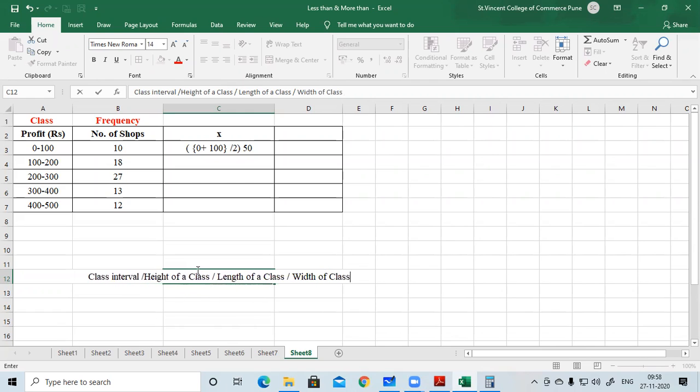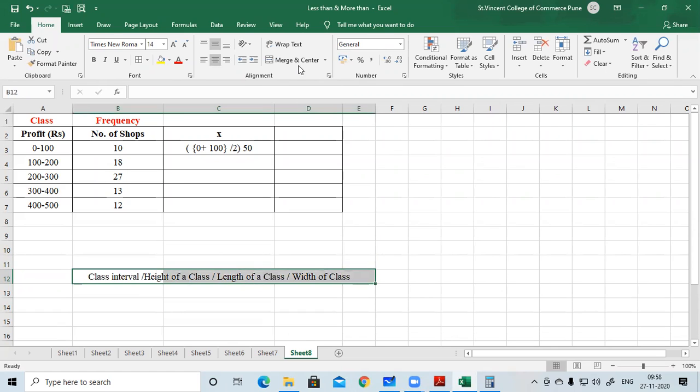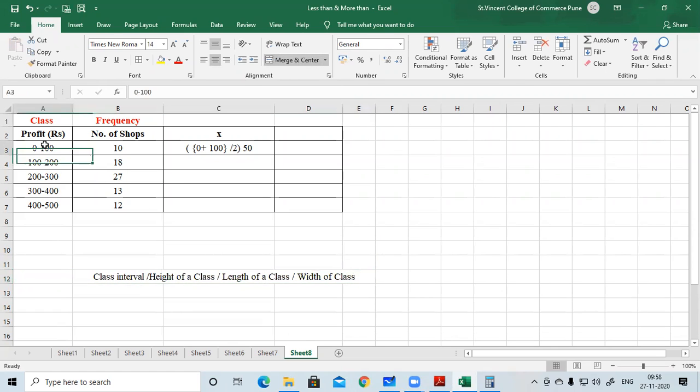Do you remember this? This is basically the difference between these numbers, right? What is the difference between two numbers vertically?